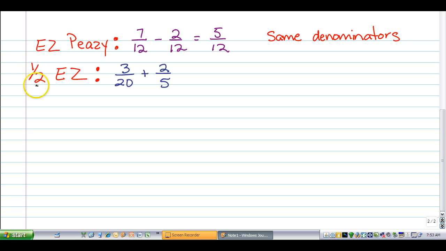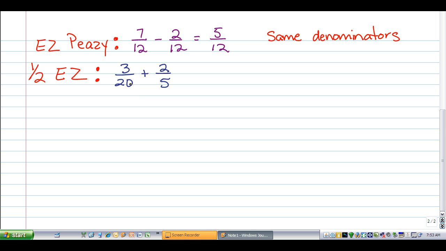A half easy means that you can take one of the denominators and turn it into the other. So I've got two different denominators. I can't add them until they're the same. So I say to myself, self, can I take one of these and turn it into the other? And I look at it and go, hey, 5 times 4 is 20.